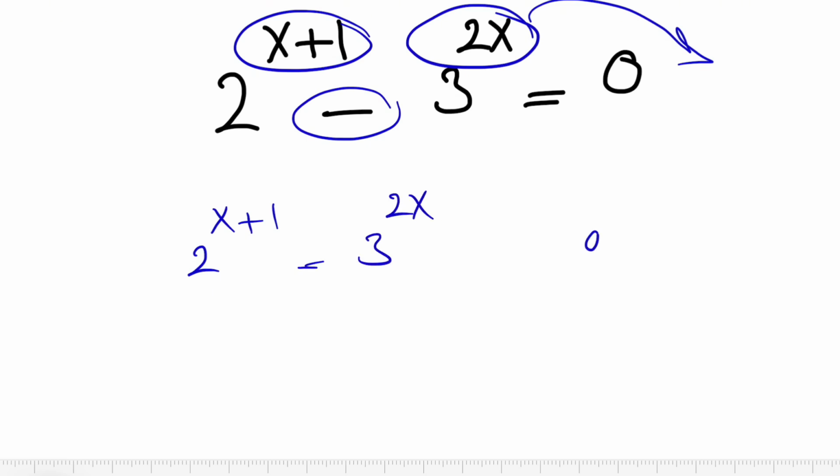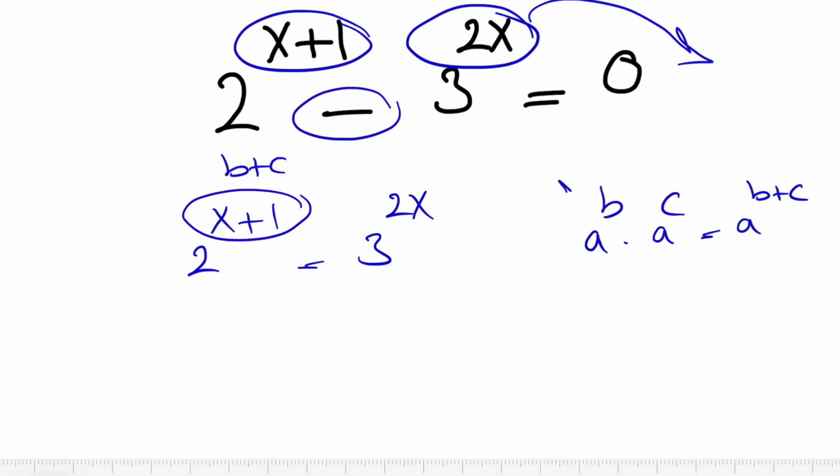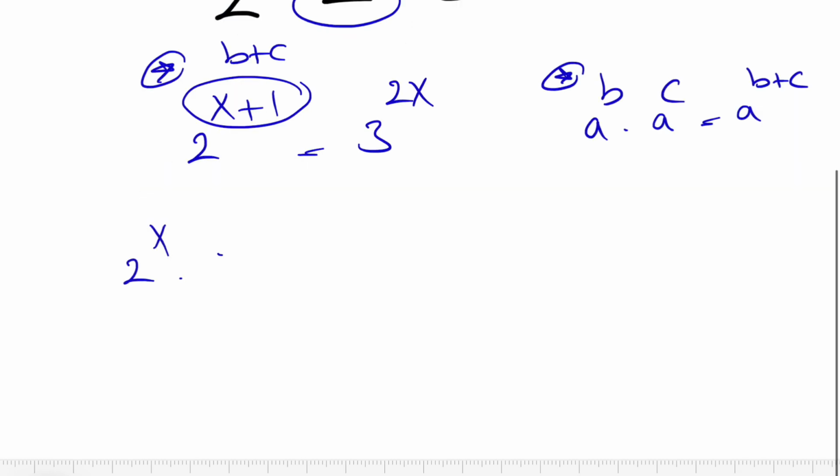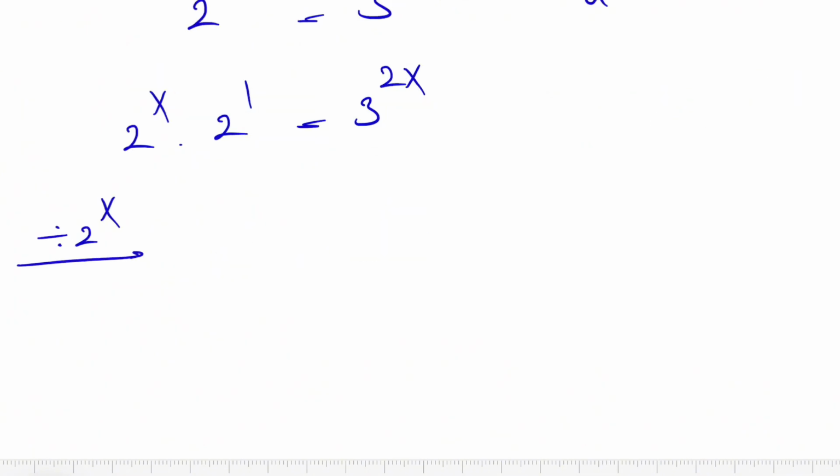From the laws of the exponent, we know when we have a to the b times a to the c, this will be equal to a to the b plus c. Here in this exponent we have b plus c, so we're going to use that. We'll have 2 to the x times 2 to the 1, and on the right side we have 3 to the 2x. So we divide by 2 to the x on each side.